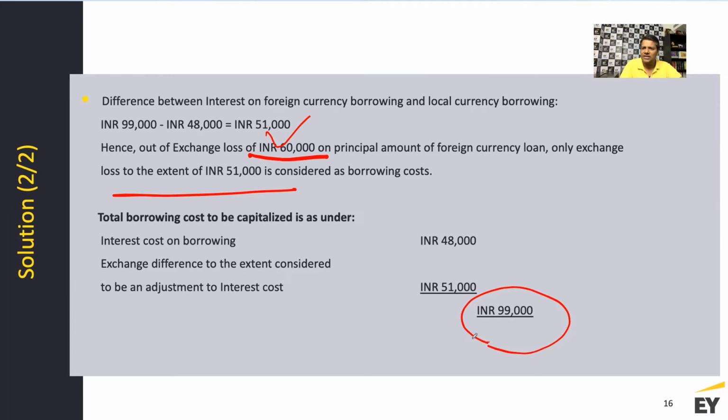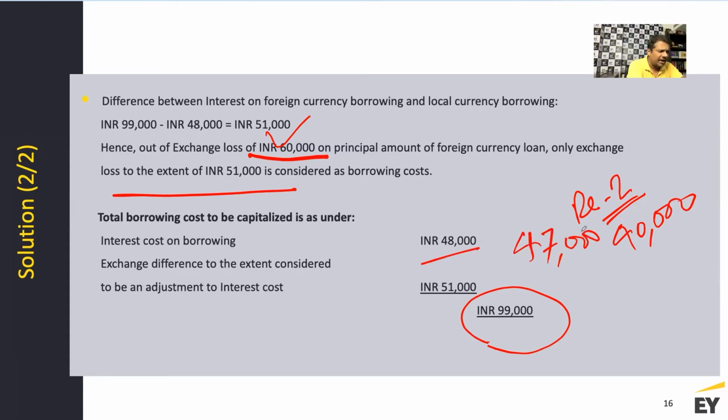Now if I were to change this example to say that instead of a 3 rupee loss on your borrowing, your actual loss was, let's say, only 2 rupees, that means your foreign exchange loss would have been 40,000 instead of 60,000. Assuming the rate of conversion is 47 here, the interest eligible for capitalization will not be 48,000, it will be 47,000, and then you lost 40,000.